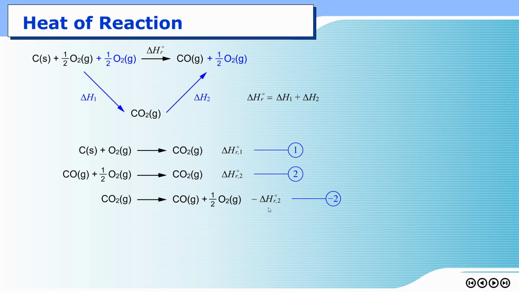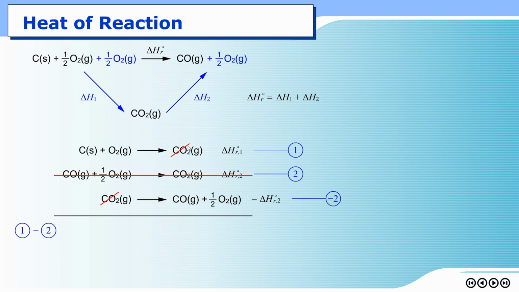So this one should have the sign to be negative delta HR2. Then we can ignore this equation 2 and take equation 1 and equation -2 to combine. So 1 added by -2 is equivalent to 1 subtracted by 2.